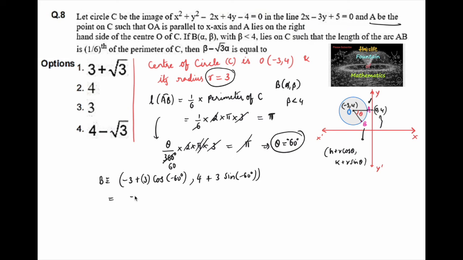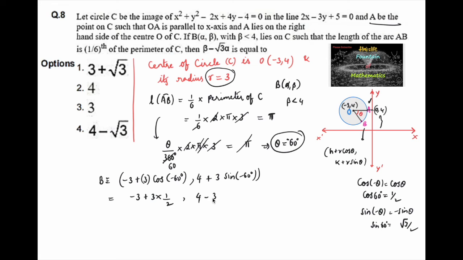Which is equal to minus 3 plus 3 times cos of negative theta, which is equal to cos theta, and cos 60 value is 1 by 2. So here we can write 1 by 2, comma 4, and sine of negative theta is equal to minus sine theta, and sine 60 is equal to root 3 by 2.